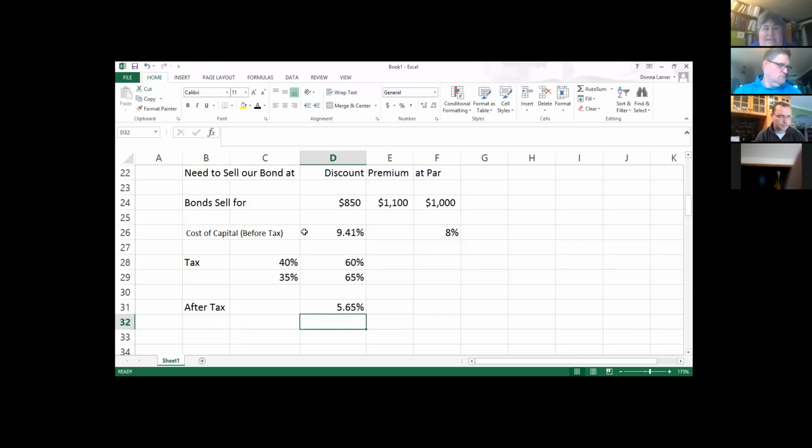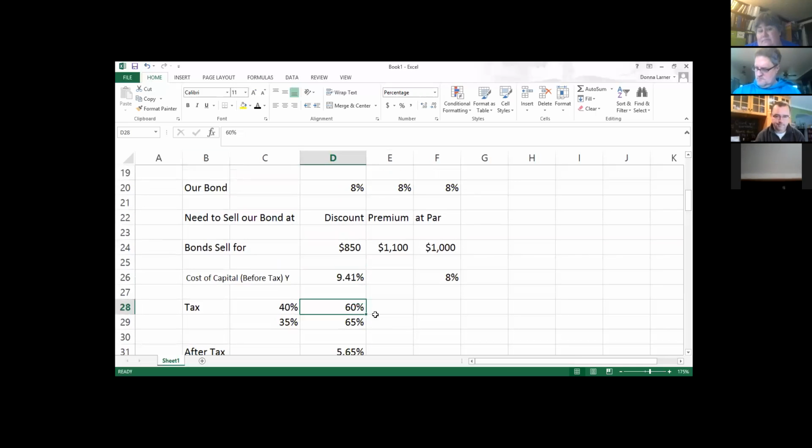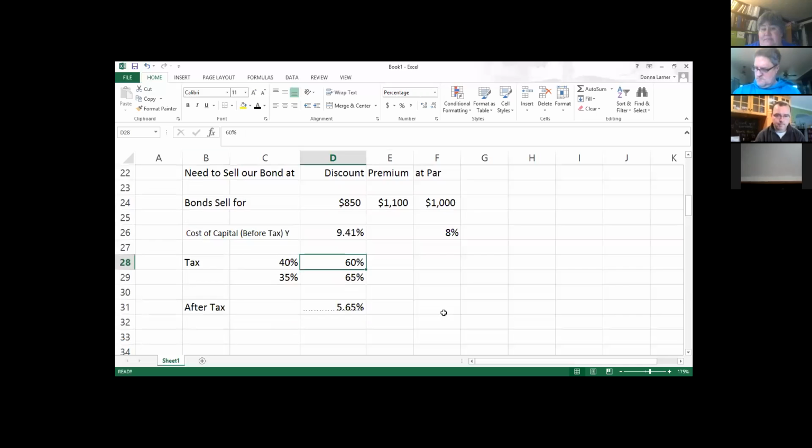They're calling this up here Y. So if this is our Y, they're timesing it by 1 minus the tax rate. 1 minus 40% would be 60%. That make some kind of sense?